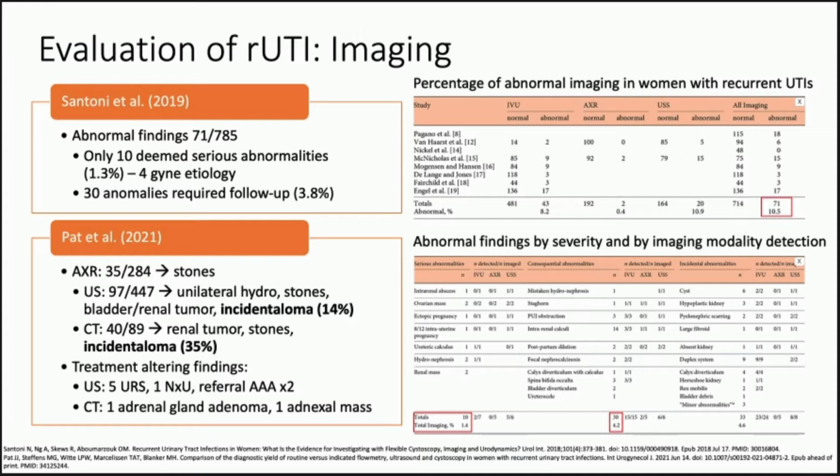And out of the 89 CT scans that were performed, 40 were flagged as abnormal, with most of them detecting renal tumors, stones, and incidentalomas in 35%. Again, I just want to highlight that only a minority of the findings detected by ultrasound or CT changed the management of patients or required further investigation or referrals.